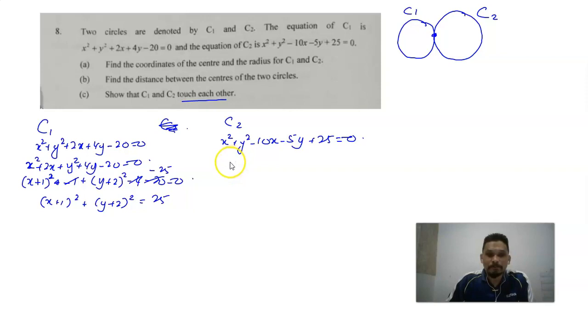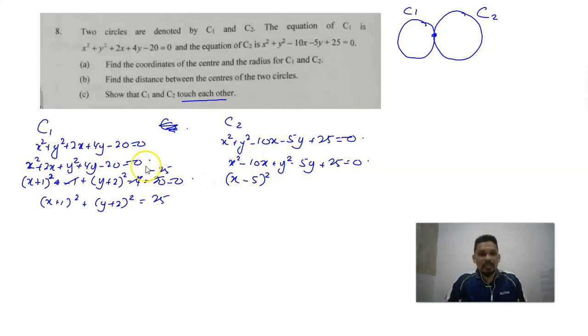Then next here, x squared minus 10x plus y squared minus 5y plus 25 equal to 0. So x squared minus 10x plus negative 10 over 2, negative 5 squared. Okay, I cut one of the steps here.